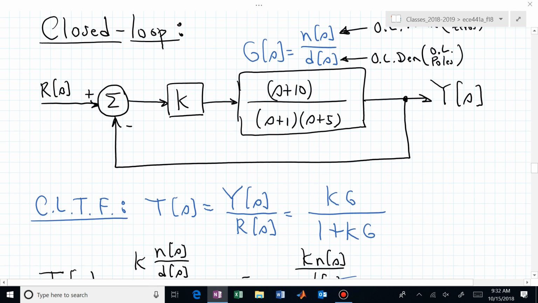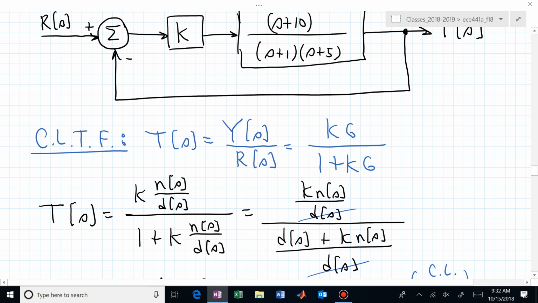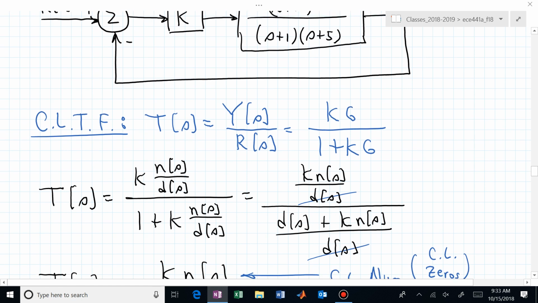But now that we have KG over 1 plus KG, and if we parameterize G as N over D, as a ratio of polynomials, then we get a common denominator in the numerator and denominator, and you can see what's living in the denominator. And that is what influences our closed loop behavior.